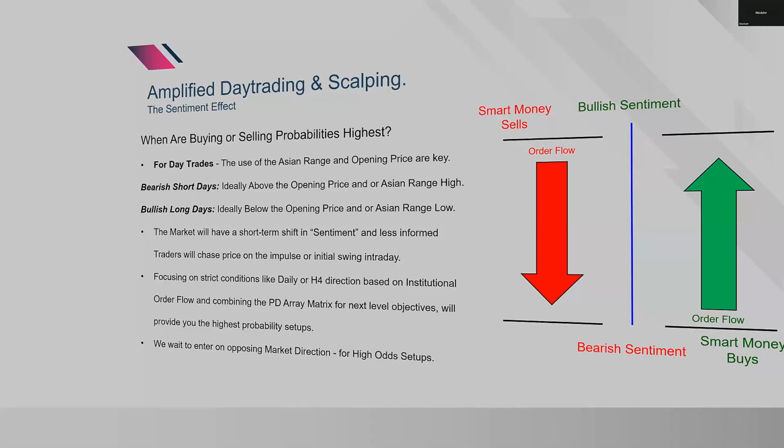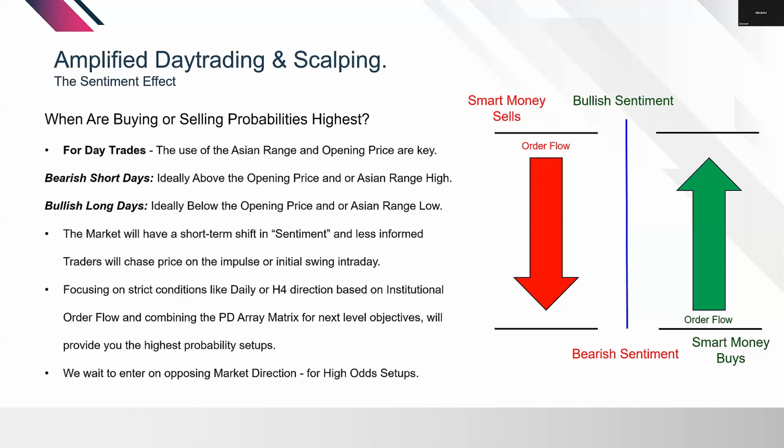Now, when you are scalping, you need to know when buying or selling probabilities are highest. We've just spoken about the other one, the Fibonacci retracement levels. So for day trades, the use of the Asian range and the opening price is key.